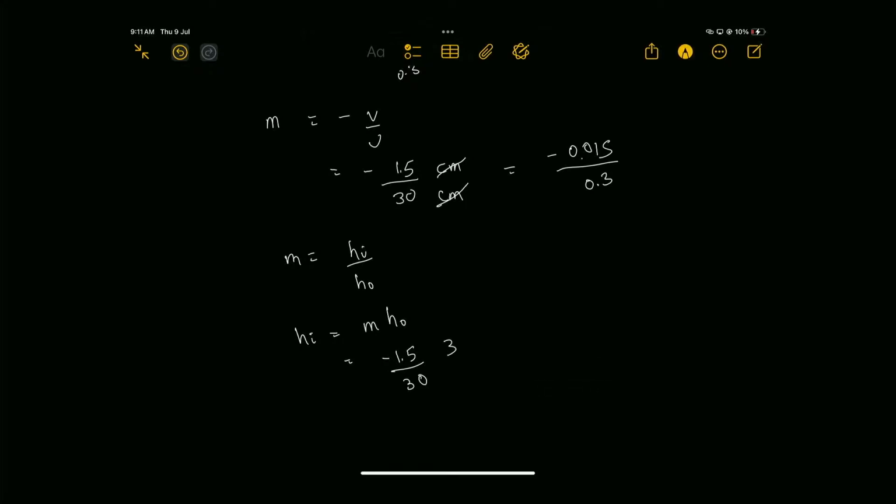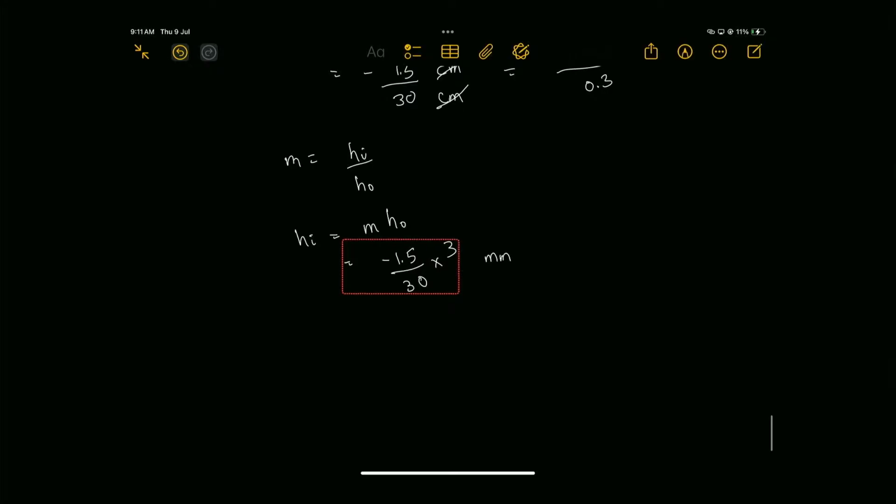Now, if we are writing the height of the image in millimeters, we can leave this as 3. So the unit here would be millimeters. So this cancels here. So this is 1.5 over 10, and we would get negative 0.15 millimeters.